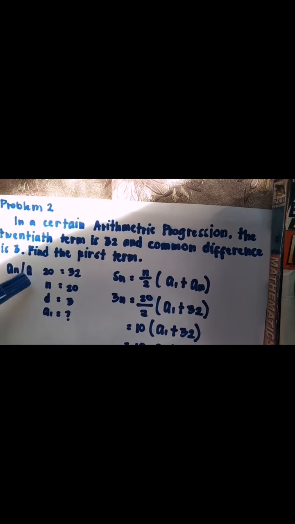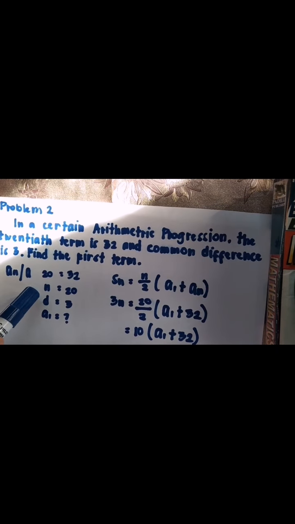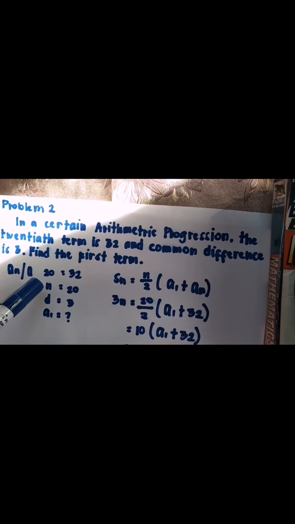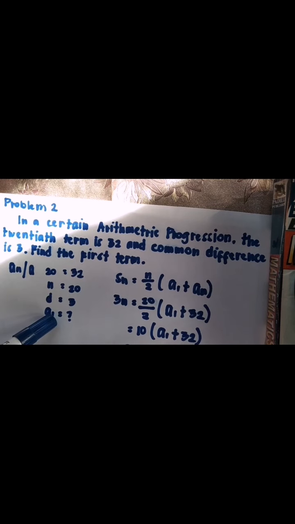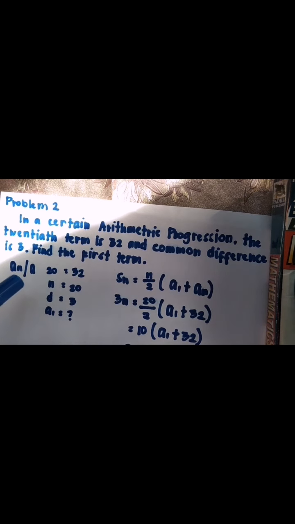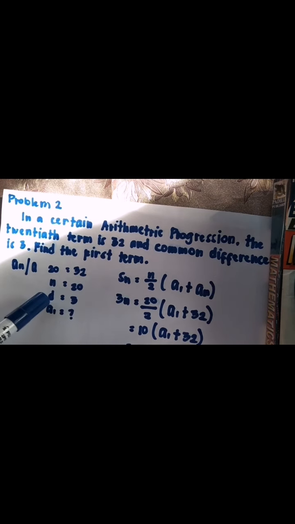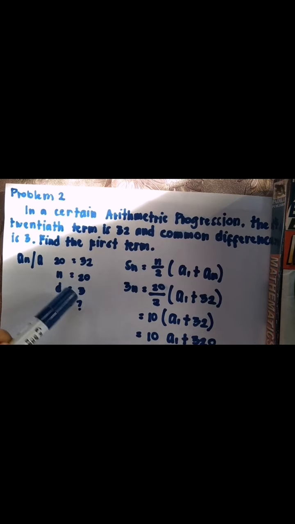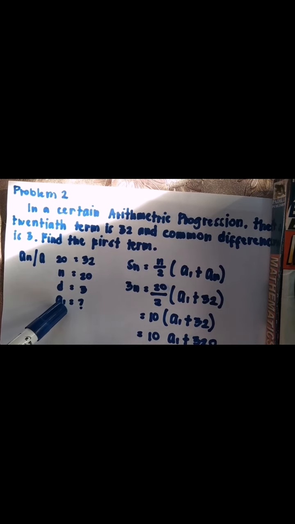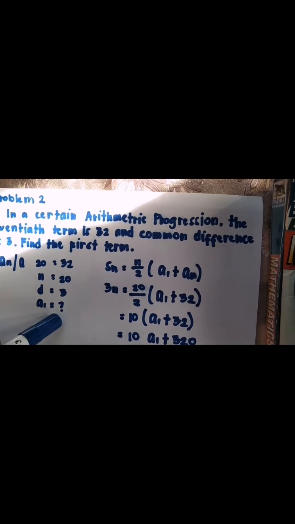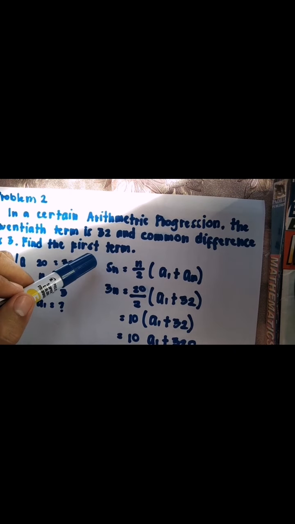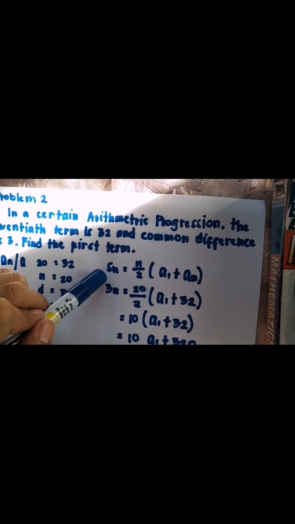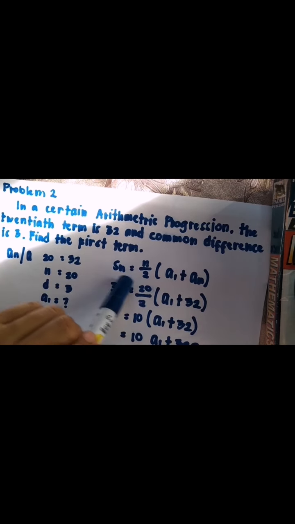These are our given numbers: a sub 20 is equal to 32, n is equal to 20, d is equal to 3, and a sub 1 is equal to question mark.